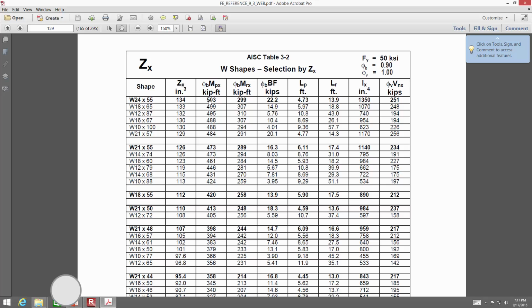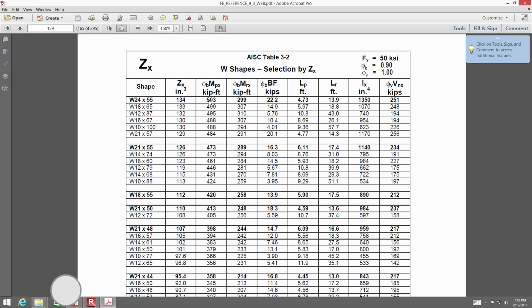Of this group, the W21 by 55 is the lightest, and it just happens to be within that group the shape that'll get you the most efficiency. So if you're designing a beam and you calculate a factored moment of, I don't know, 450 foot kips, don't pick the W18 by 60, pick the W21 by 55 because it's lighter. That make sense? Pretty straightforward.